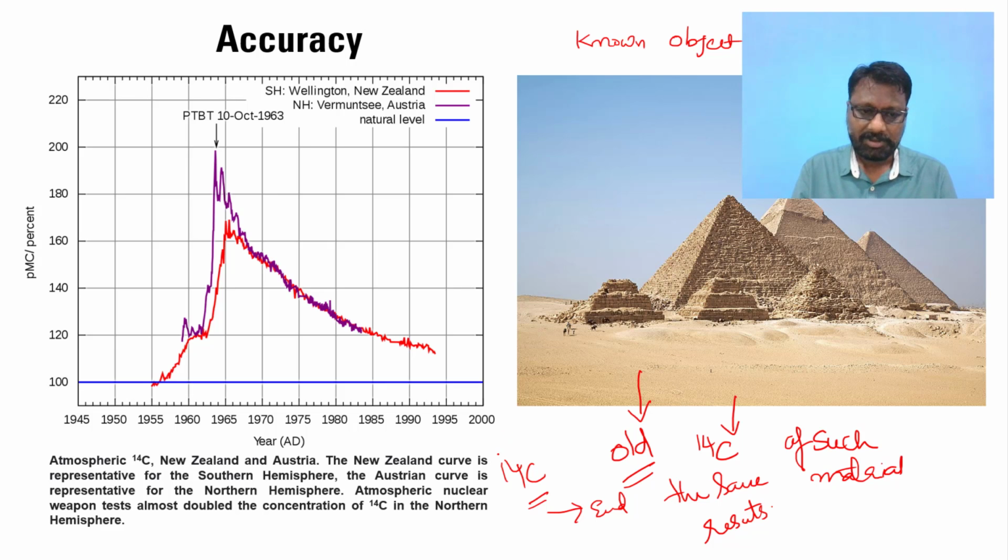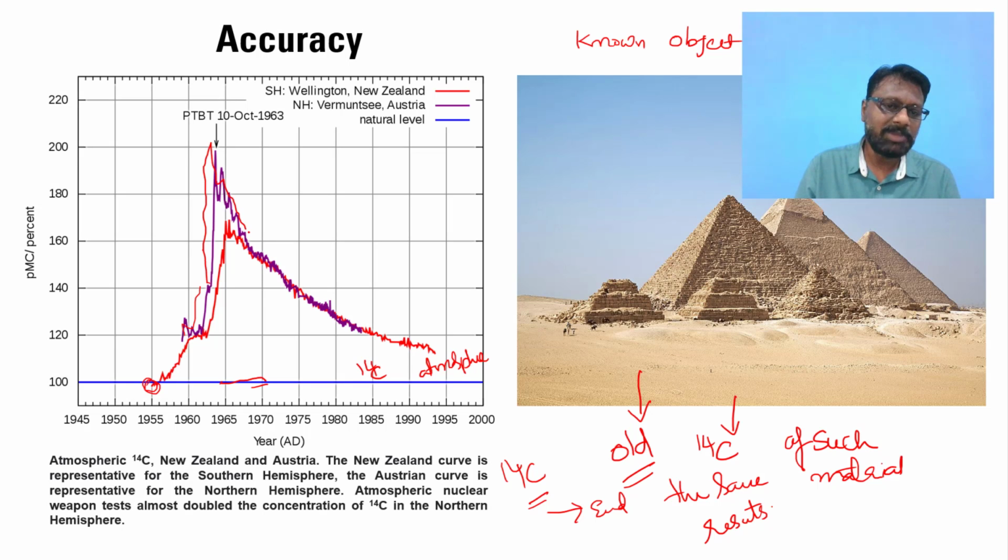carbon dating technique. Now coming to this graph, where you are able to see the wandering effect, this blue line indicates the natural levels of C14 in the atmosphere. After the 1950s, you are able to see two large peaks which have developed in the southern hemisphere as well as the northern hemisphere.